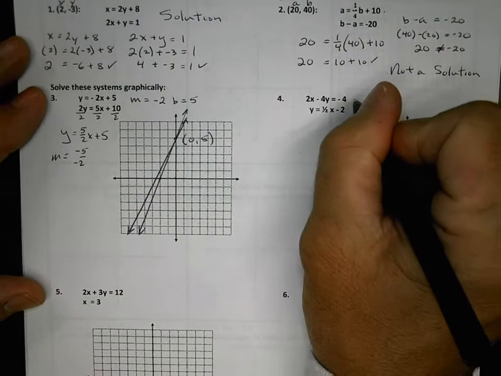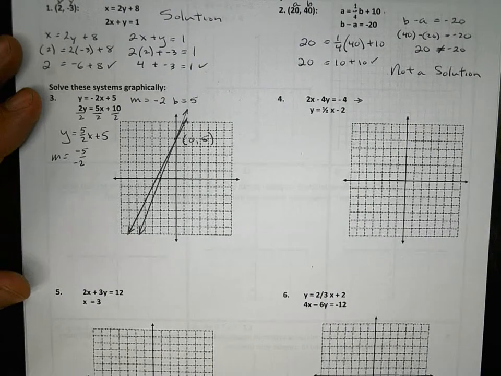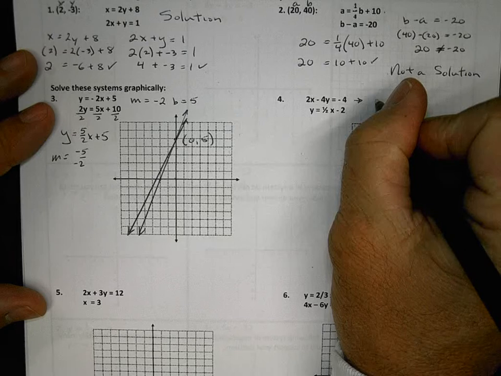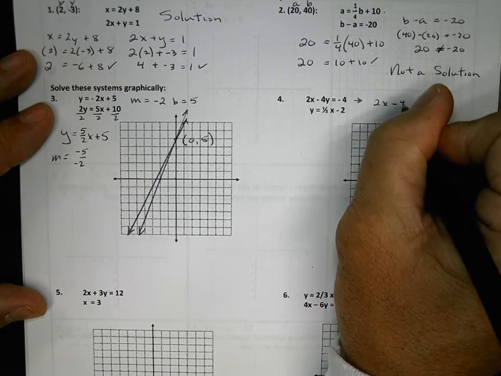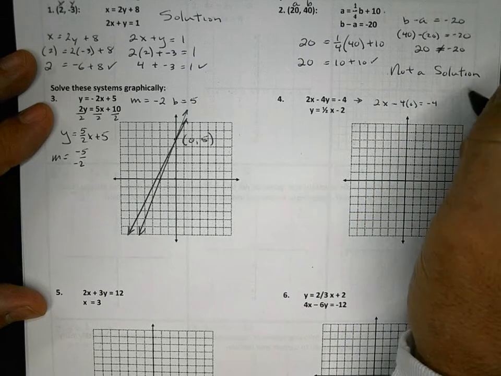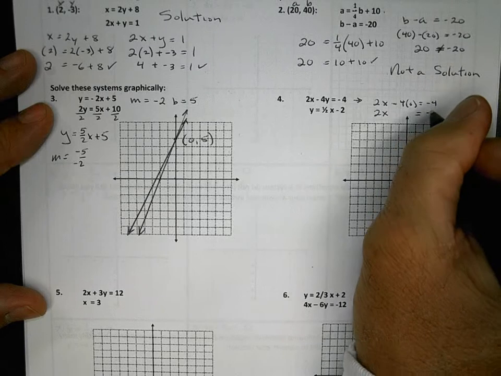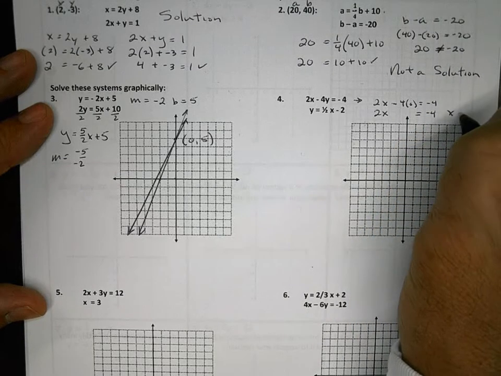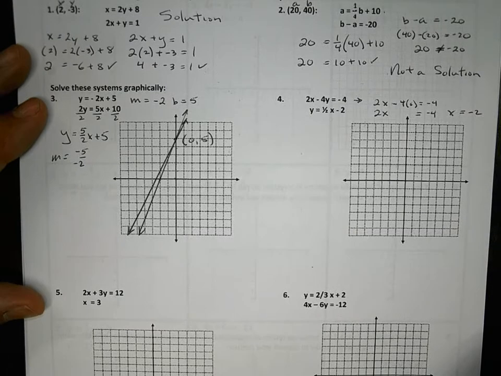Okay, so taking this line, I think what I'll do is solve for the x-intercept and the y-intercept. So I'll go 2x minus 4 times 0 equals negative 4. And I will get 2x equals negative 4, which means x equals negative 2, when I divide both sides by 2.